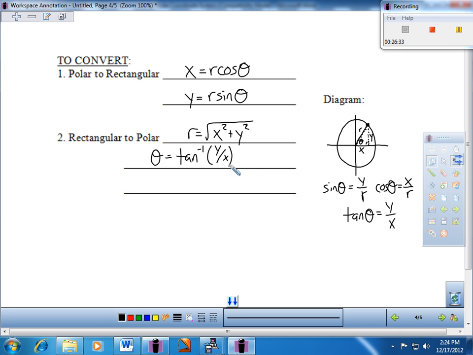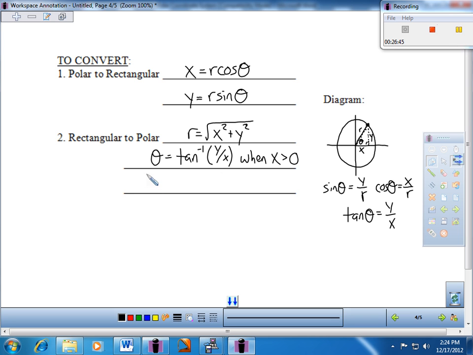Now, there are two blanks for this, and there's a reason. Because we're dealing with inverses, and we've seen it before. Inverses can be tough to interpret. Inverses have their limitations. And so when we do an inverse on the calculator, it can only give us a certain value. So we have to come up with a little rule of thumb to extrapolate from there. So very simply, when the horizontal part is positive, all we have to do is an inverse tangent on this.